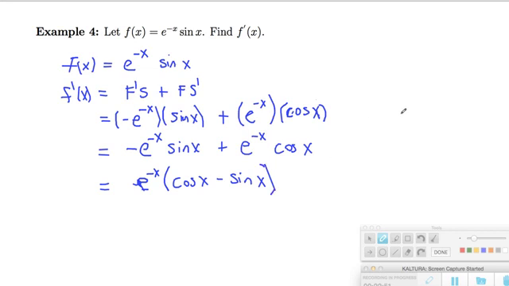But that's about the most you can do to simplify. So if you're ready, we'll go on and try the next example.